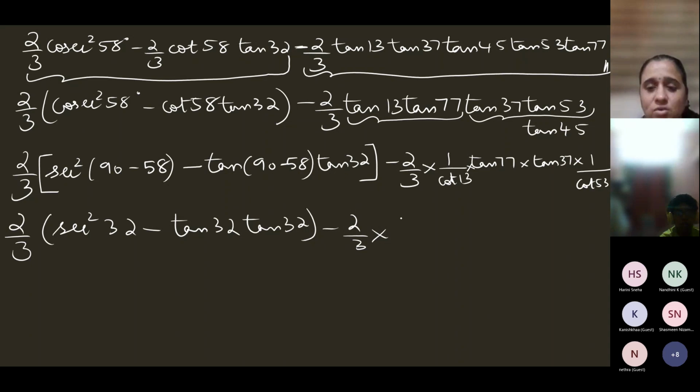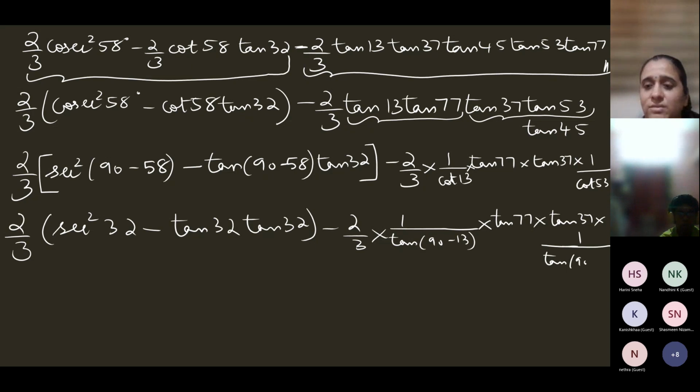So 1 by cot theta is tan 90 minus 13 into tan 77 into, supposing you write tan 37 as it is, into 1 by cot 53. Cot theta is tan 90 minus theta, 90 minus 53. You have to write it in the same straight line, children. I don't have place, so I've written it down.